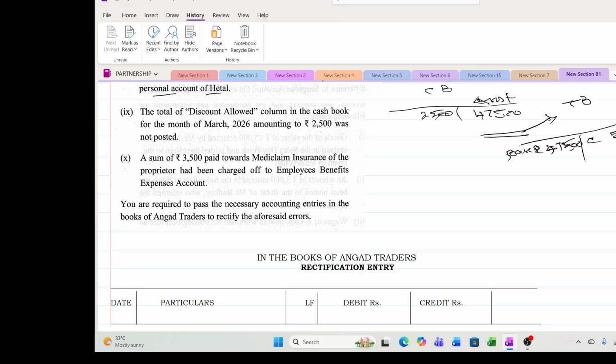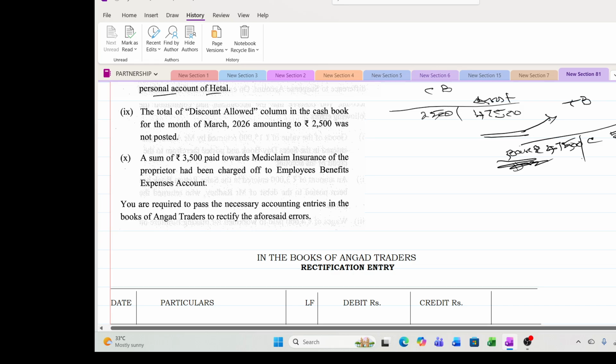Okay. And discount should appear 2,500. Then this would have got matched. But this discount was not appearing. Okay. So the total would have not matched. So that in the trial balance, credit would be 2,500 more than the debit side.